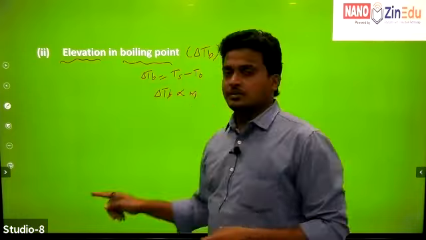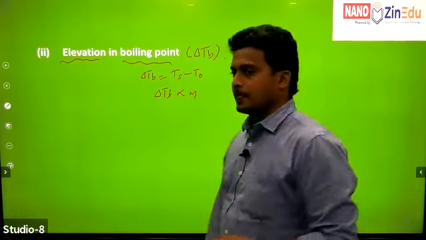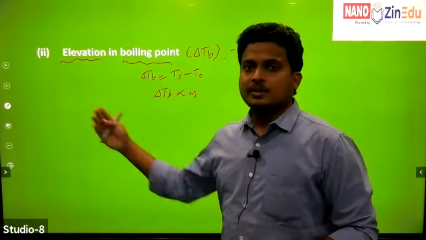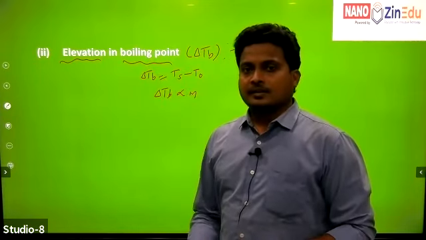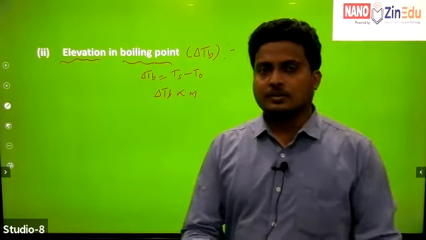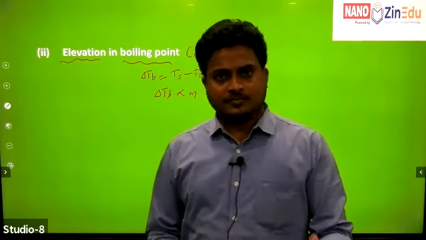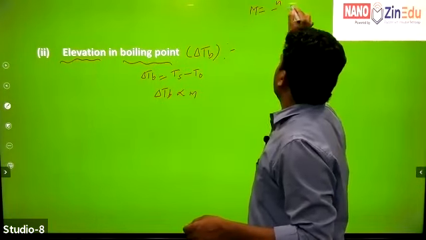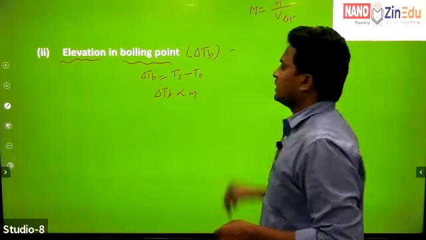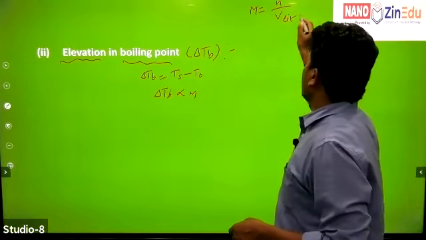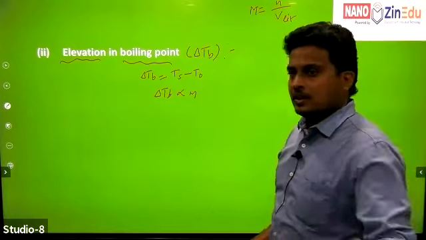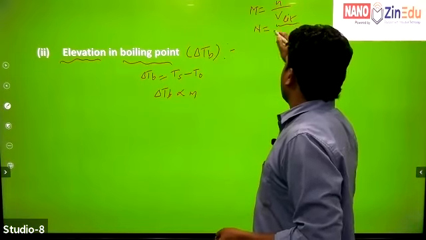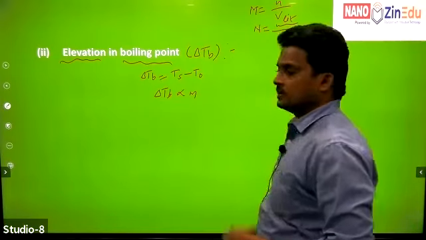Most students don't know why we take molality here, because we are discussing only temperature. Here temperature increases or decreases, and with that the volume of the solution changes. Molarity is number of moles by volume in liters, so it depends upon volume, and indirectly upon temperature. Normality is number of gram equivalents by volume in liters.